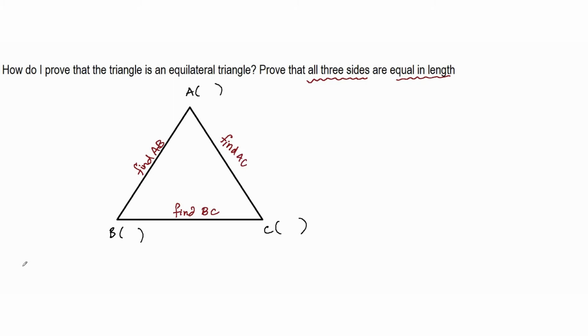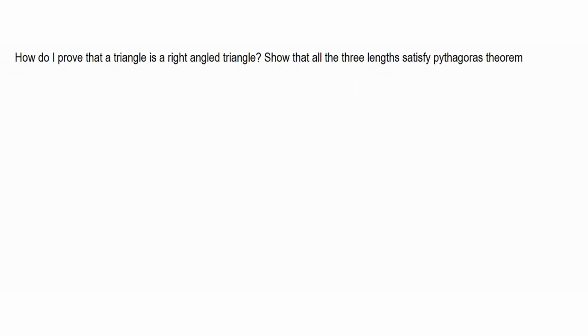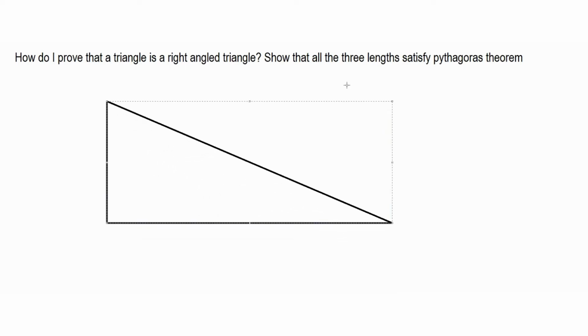Let us now discuss how to prove that a triangle is right angled. To prove that the triangle is a right angled triangle, suppose we have three vertices that are known.